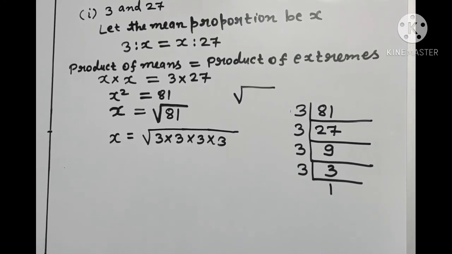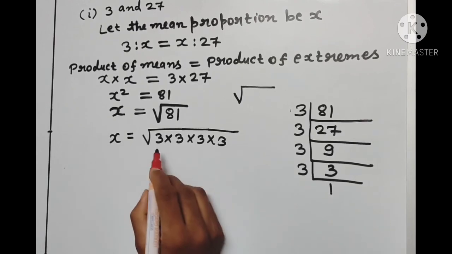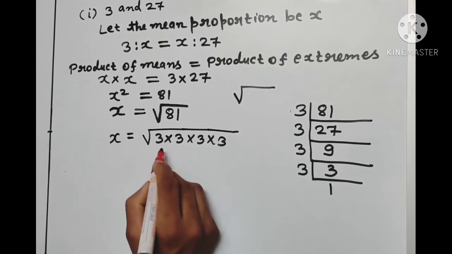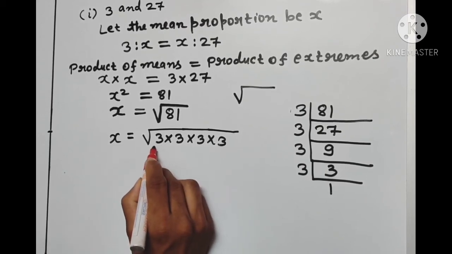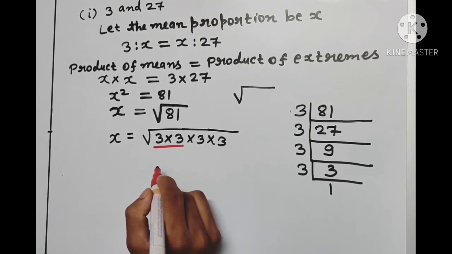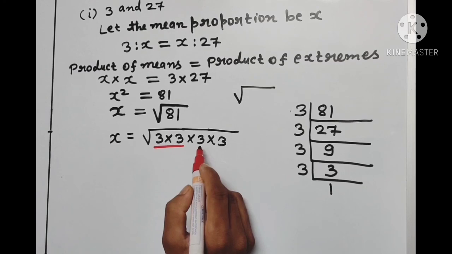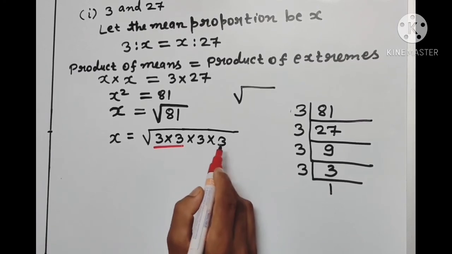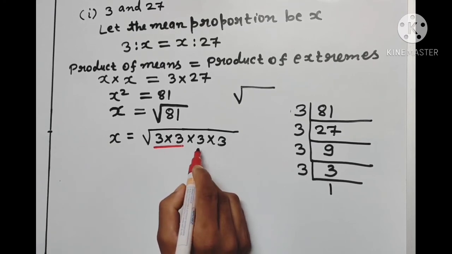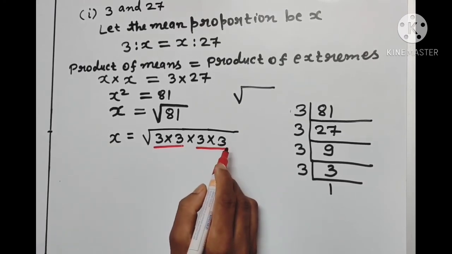So here you can see that this prime factor 3 and this prime factor 3 both are same. So here both will make a pair. Okay, and here also this prime factor 3 and this prime factor 3 both are same. So here again both will make another pair. Clear?